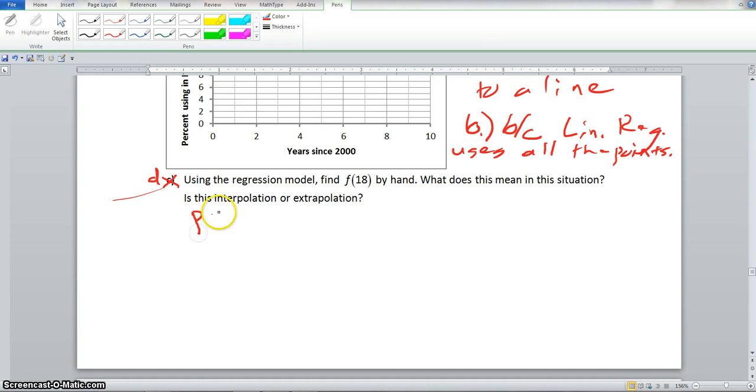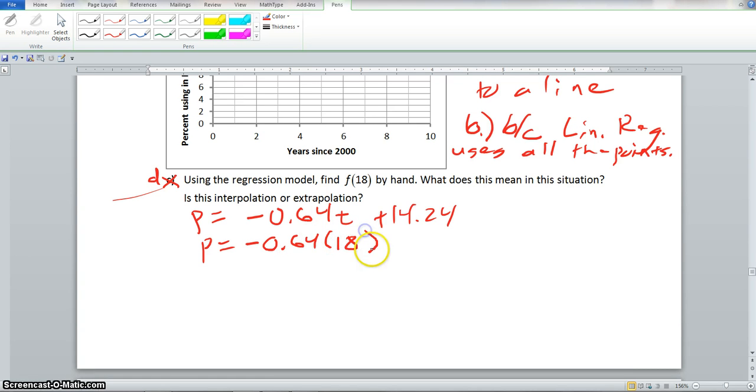Okay, so we will have P is equal to a negative 0.64 t plus 14.24. So we'll have p is equal to negative 0.64 times 18 plus 14.24.